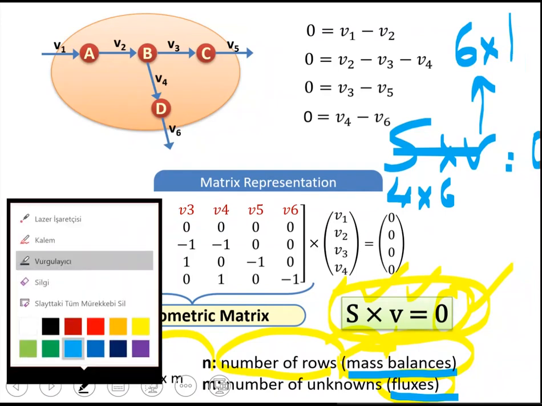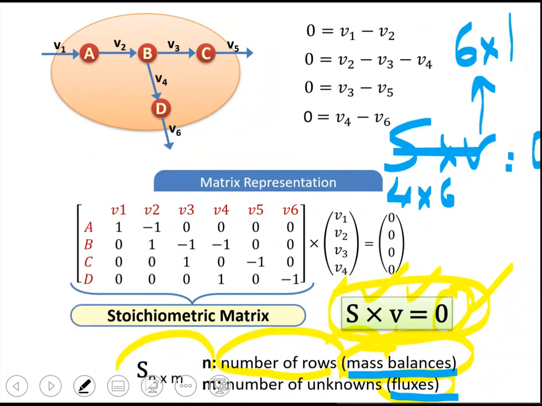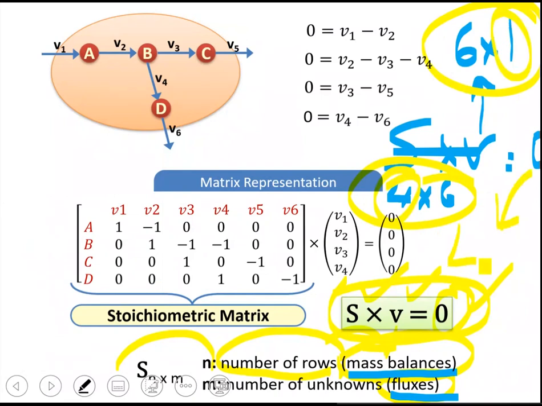And if you multiply a matrix of 4×6 with a vector of 6×1, you need to get a vector of 4×1.